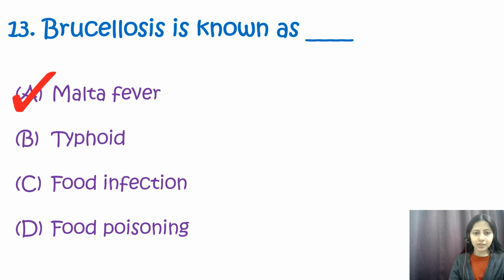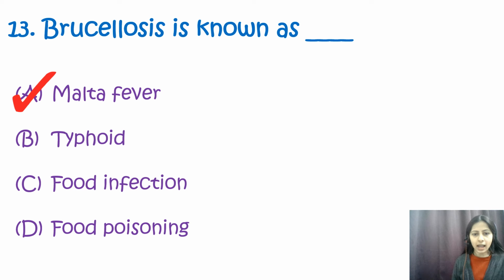Whereas typhoid is a different disease which is caused by Salmonella typhi bacteria, and food infection refers to the illness which results from the ingestion of food containing live bacteria, which continues to grow in our stomach, that is our host, after consuming that contaminated food.